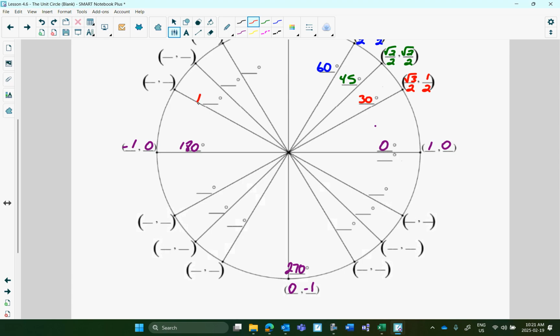How did you get 150? From 0 to 30, isn't this 30 here? Which means from here to here must be 150. What's the point then going to be at 150? It's going to be the same values as these, except the first one's a minus.